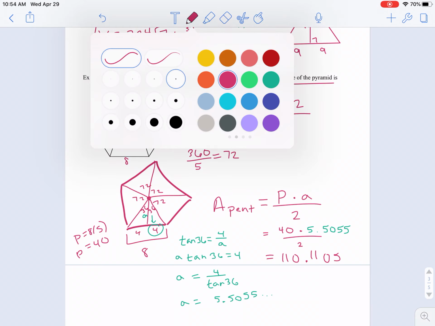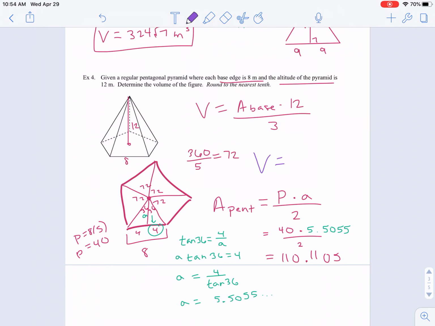So now I can go back to this volume formula and say 110.1105 times 12 divided by 3. And I'm going to get the volume to be 440. And now I can round to the nearest tenth. So 440.4. And my units is going to be meters cubed.